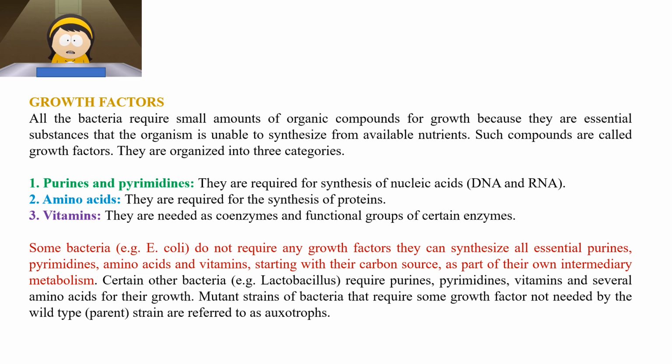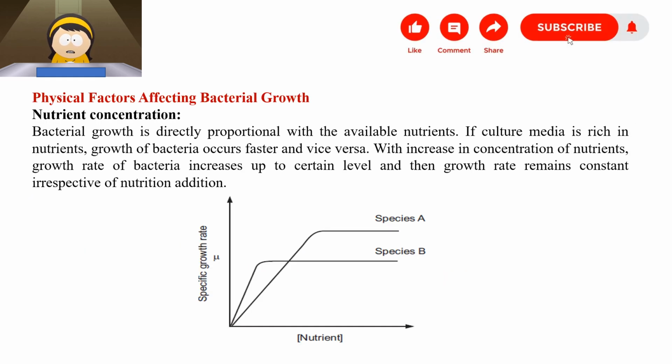Certain other bacteria, e.g. lactobacillus, require purines, pyrimidines, vitamins and several amino acids for their growth. Mutant strains of bacteria that require some growth factor not needed by the wild type parent strain are referred to as auxotrophs.